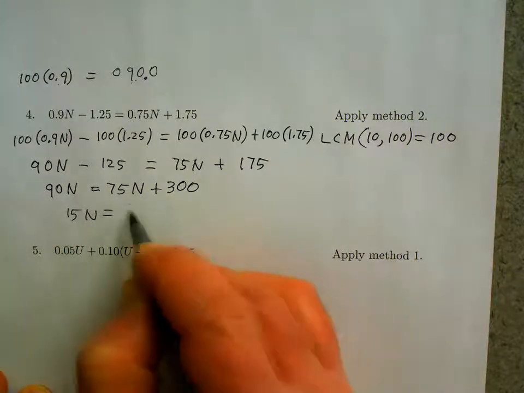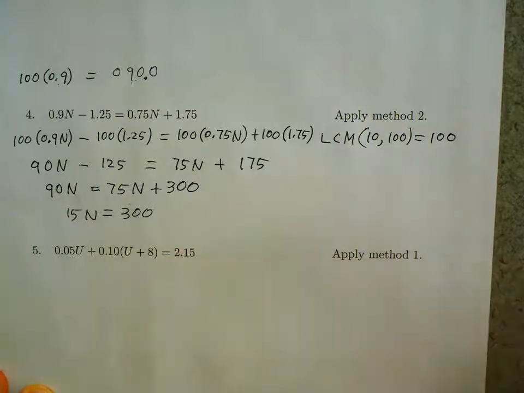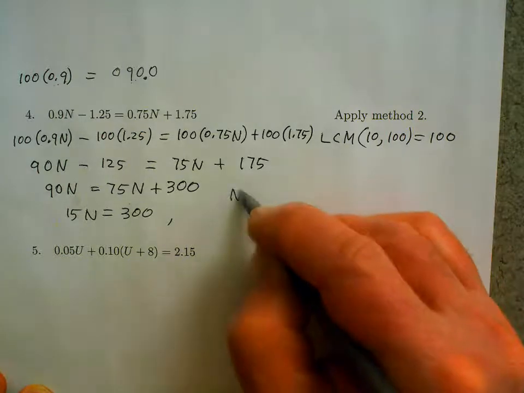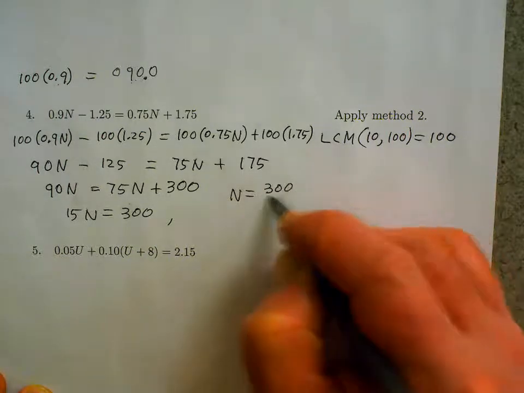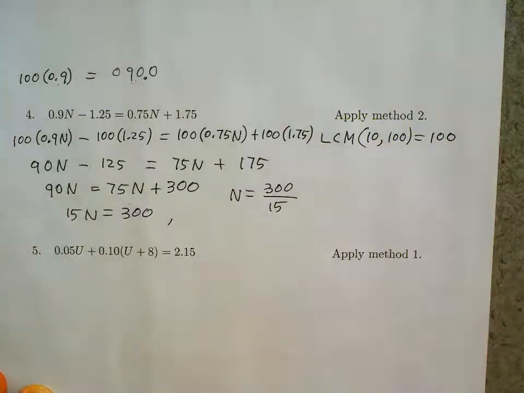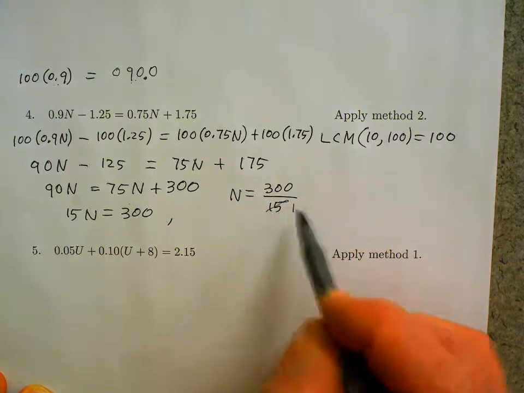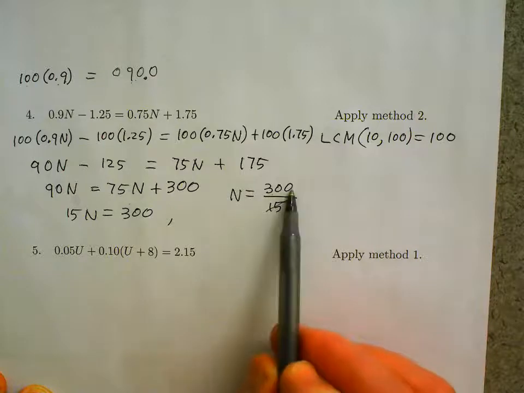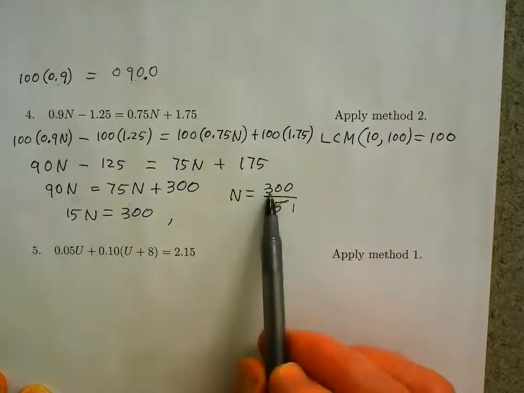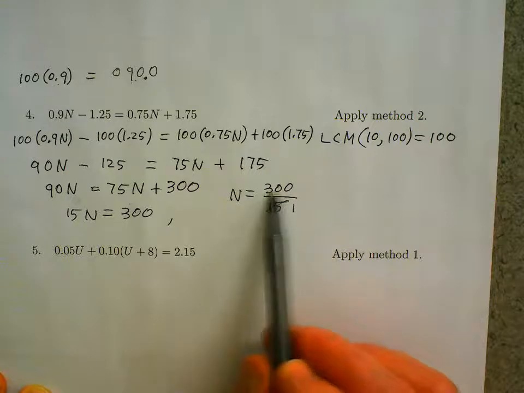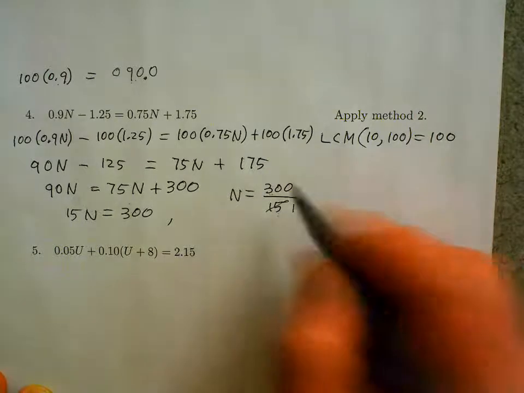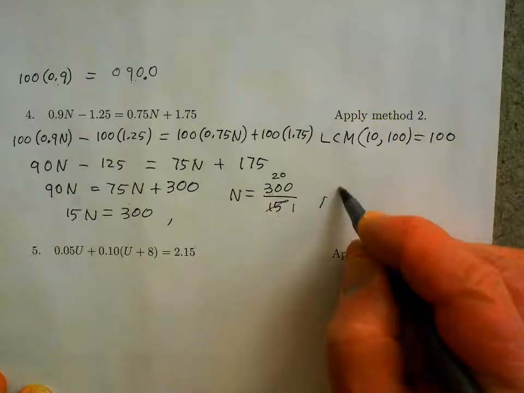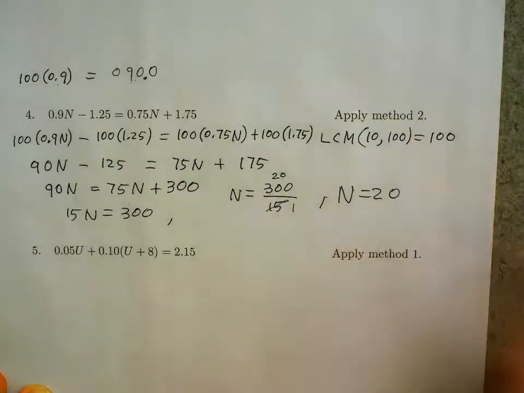So 15n equals 300. And then divide both sides by 15. n is equal to 300 divided by 15. You can think of 300 as 30 times 10, and 15 goes into 30 2 times. So that means 15 goes into 300 20 times. So n is equal to 20.